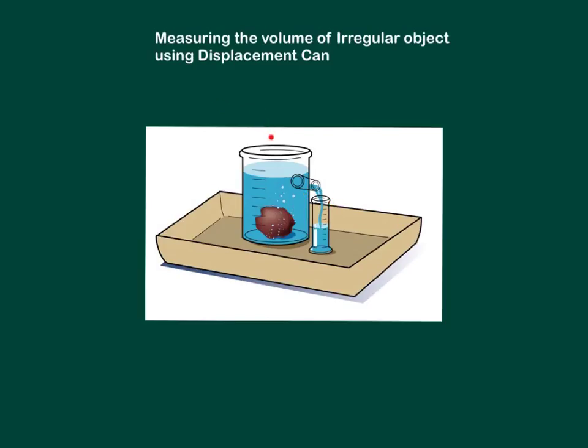I gently put the object in, and it will displace the water, it will take up space, so some of the water will come out of the spout. The amount of water that comes out is the same as the volume of the object. I will then measure the volume of water that is collected in a beaker or graduated cylinder, and that's the volume of my irregular object.